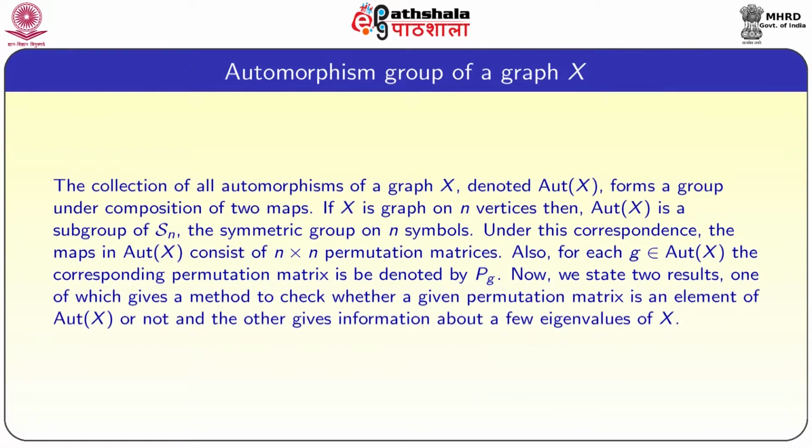Now, we state two results, one of which gives a method to check whether a given permutation matrix is an element of Aut(X) or not, and the other gives information about a few eigenvalues of X. That means, when the graph has few eigenvalues and how it affects the automorphism group of X, or if the automorphism group has a nice structure, then the graph is going to have few eigenvalues.